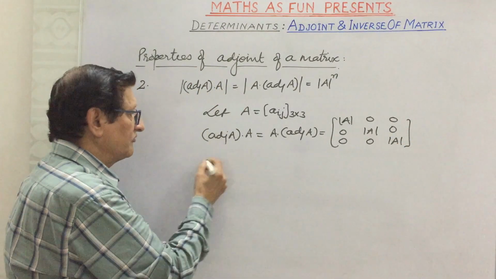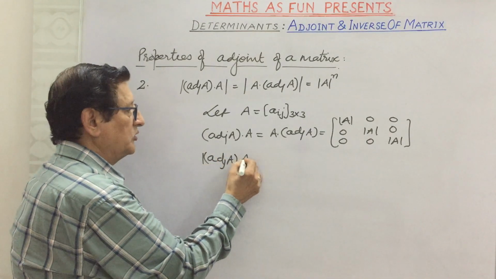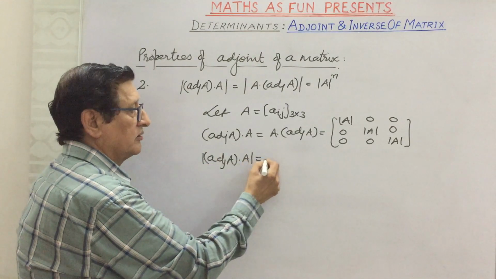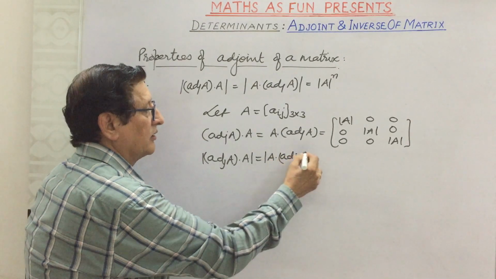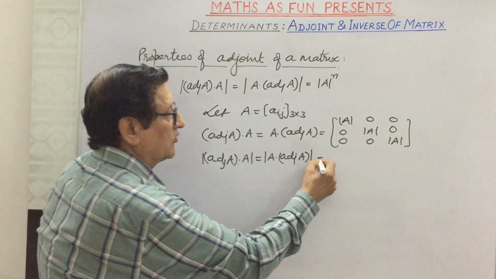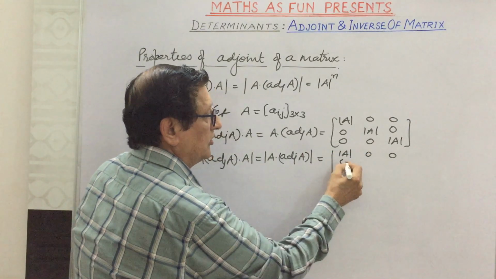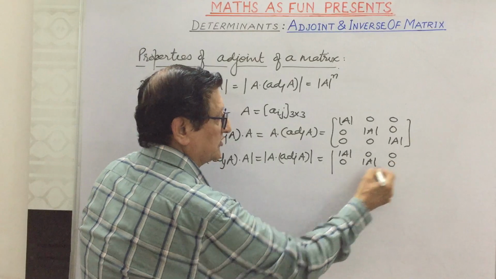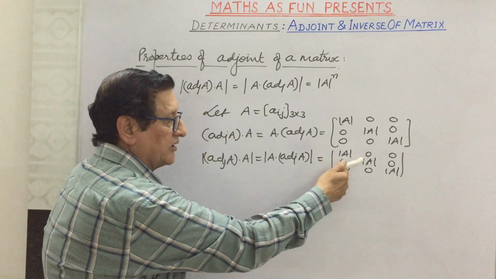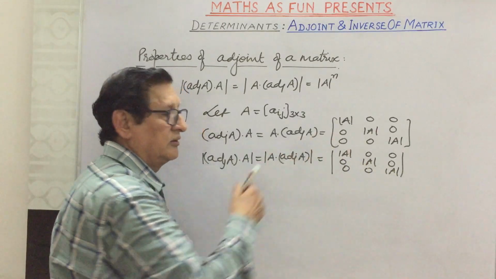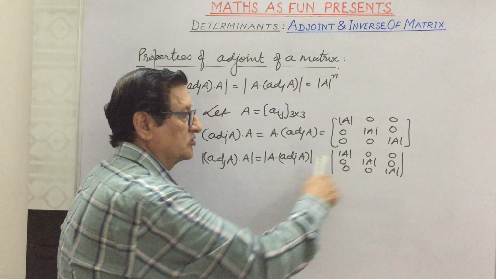If we find the value of the determinant of adjoint A into A or determinant of A into adjoint A, will that be equal to determinant of determinant A 0 0 0 determinant A 0 0 0 determinant A? We are getting determinant A from all the three columns or all the three rows.